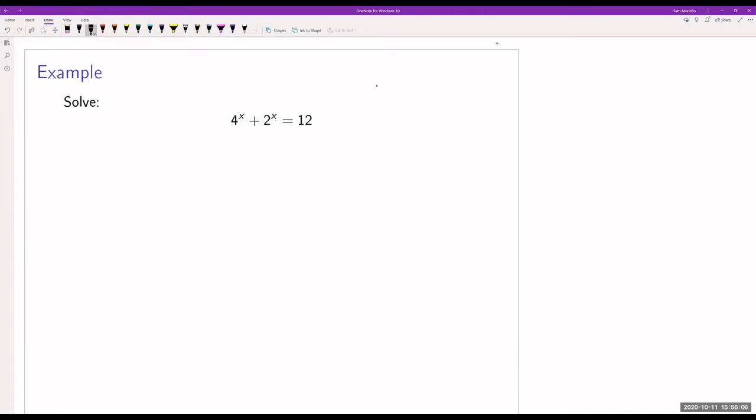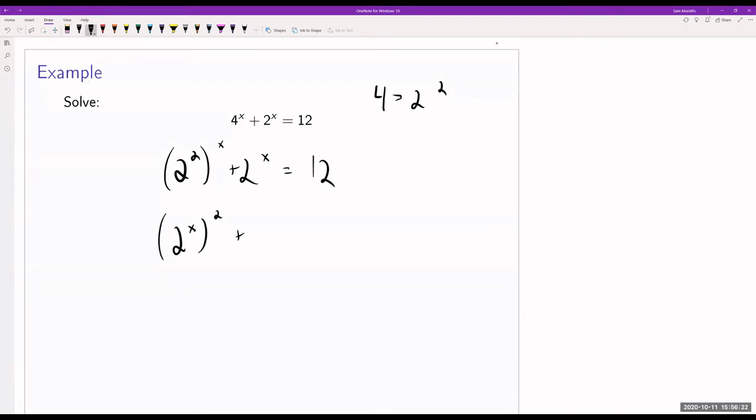However, we will notice that 4 is equal to 2 squared. So I can rewrite this piece as 2 squared, and further as 2 to the x squared.